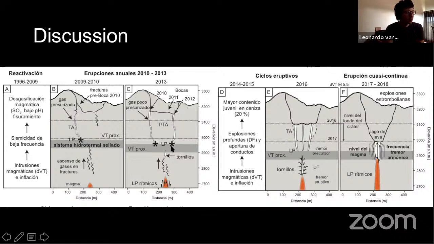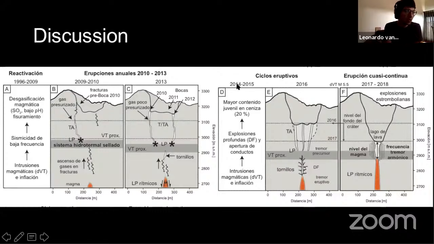And we began to see the tornillos events, these multi-tonal coda events that require a closed cavity with high pressure gases circulating or oscillating, and that are maybe closer to the magma body rising.